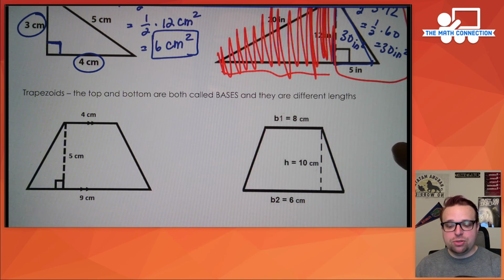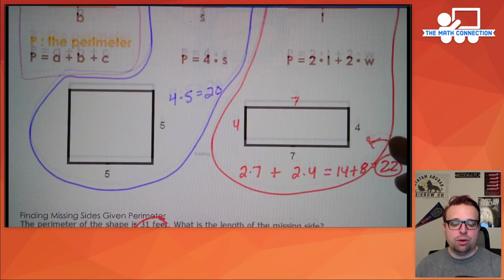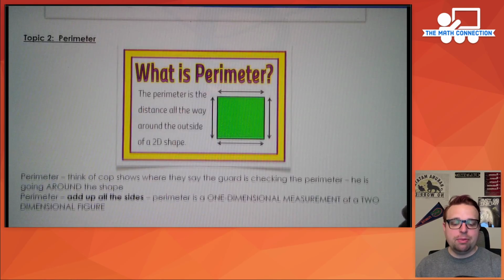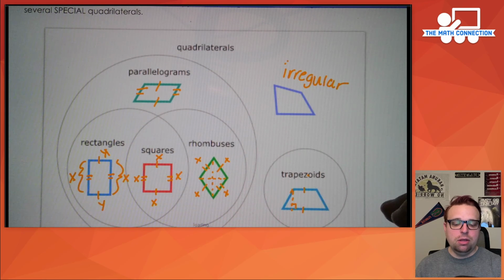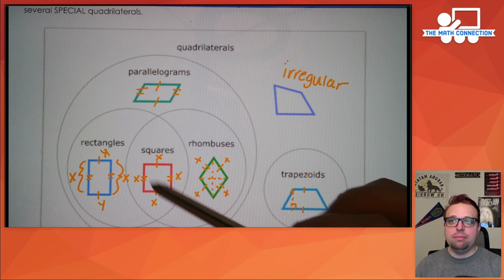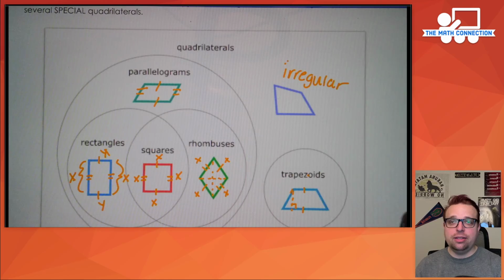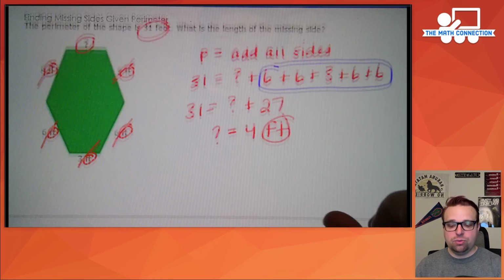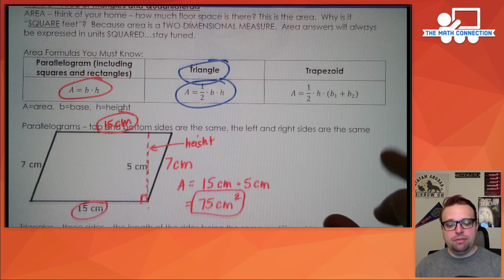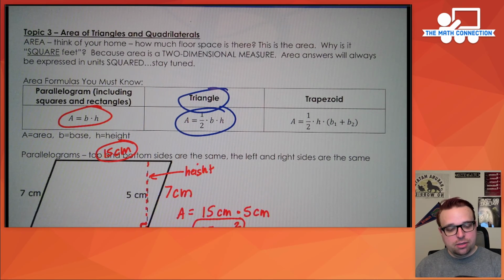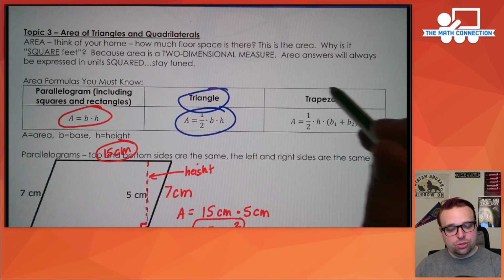So for trapezoids, if we roll back up to our notes from before, a trapezoid is a quadrilateral, but it's not a parallelogram. So it has its own formula to do the area. So let's roll back down here. The formula, what color am I on? Orange? We'll use orange.